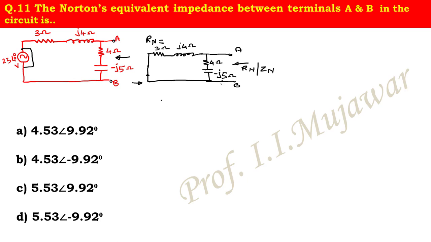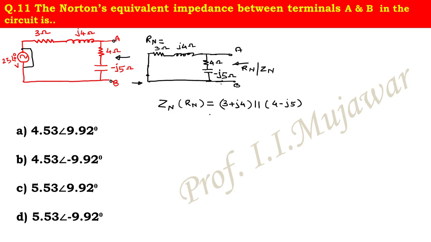That means Zn, which is essentially the Rn for a resistive circuit, is equal to: now this 3 and j4 are in series, so it is 3 plus j4, and this series combination is in parallel with 4 minus j5, since this 4 and minus j5 are in series.